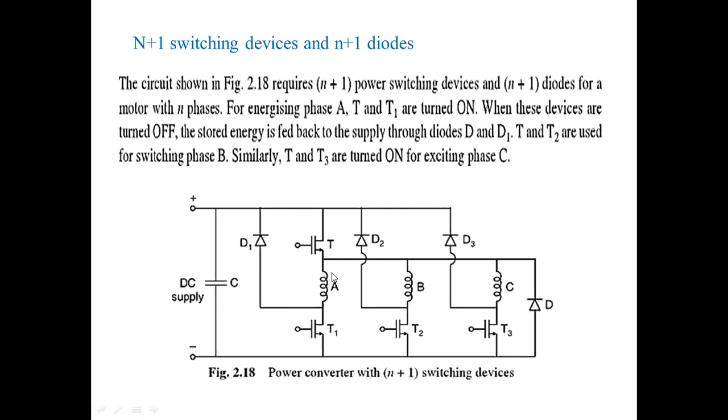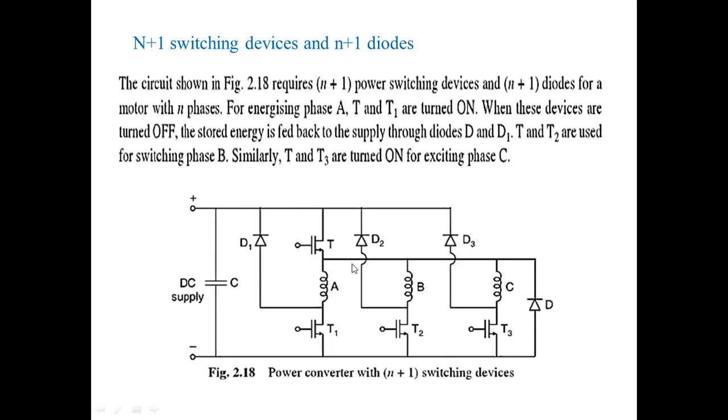Here the polarities are interchanged: positive here, negative here. When positive here, diode D1 is conducting; when negative here, diode D is conducting. Therefore a path is created to feed the supply back towards the DC source.